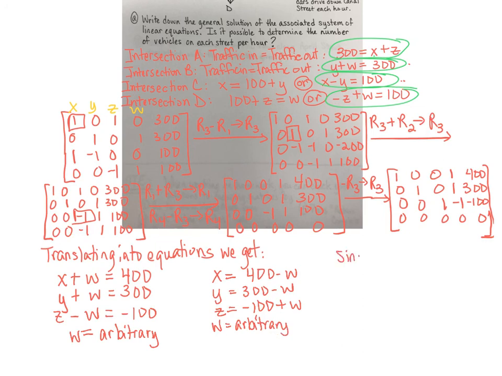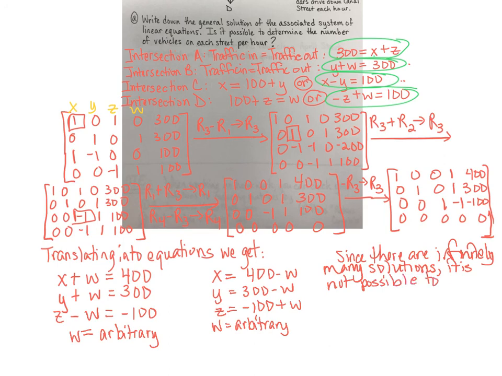Since there are infinitely many solutions, it is not possible to determine the number of vehicles on each street per hour.